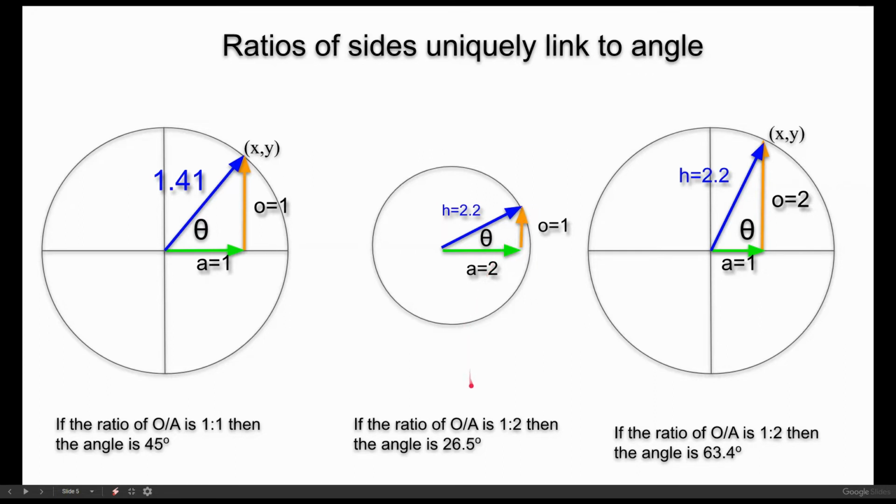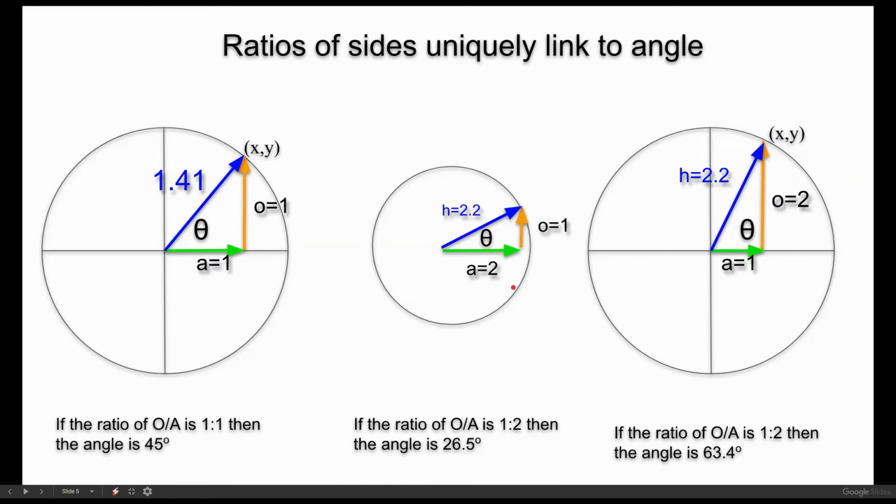Then uniquely that ratio links you to a 26.5 degree triangle. If the ratio is the opposite, it's 1 unit across, 2 units tall, then uniquely that's a 63.4 degree triangle, with a lot of rounding. We could also do 1 to 1.41, and that is also a 45 degree triangle.